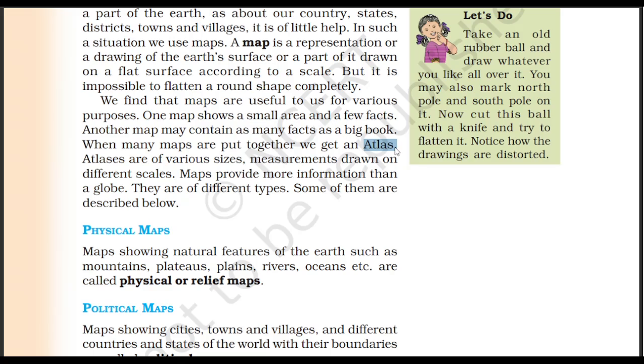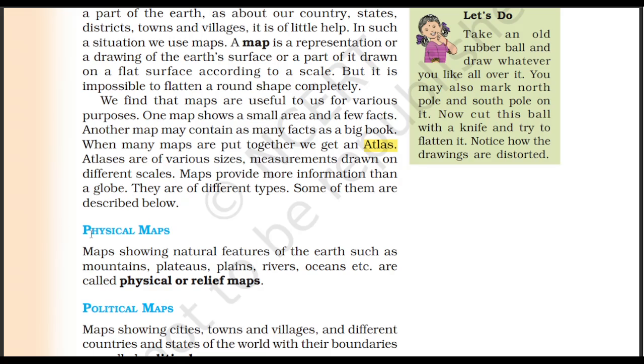Means a bunch of maps is called an atlas. Atlases are of various sizes, drawn on different scales. Maps provide more information than a globe. They are of different types. Some of them are described below.